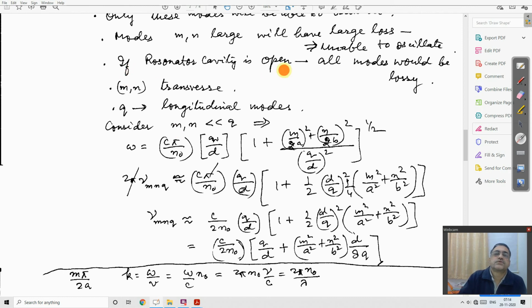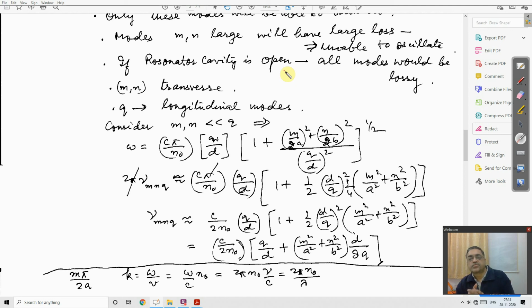So we are considering an open resonator cavity in which the resonator is closed only by the side wall, and the beam can go along the z axis. So there is an approximation.